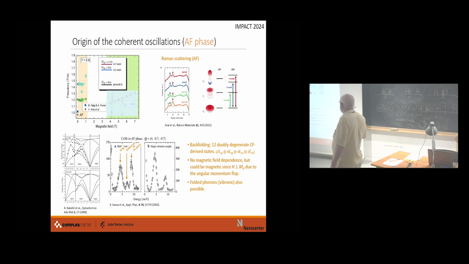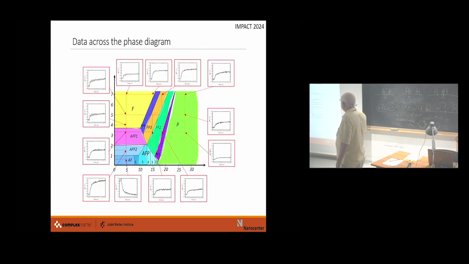So it's also possible that these excitations are actually not magnetic, but purely lattice, or could also be a mixture. So unfortunately, we were not able to disentangle this at this point.